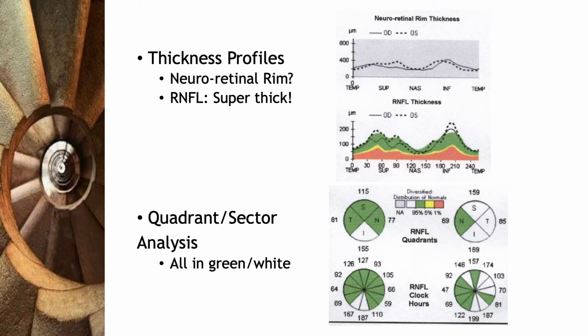And glaucoma is a disease of asymmetry. When I look at this TSNIT curve, I want to see that my patient has thickness superiorly and inferiorly, and that these curves superimpose on one another very well.